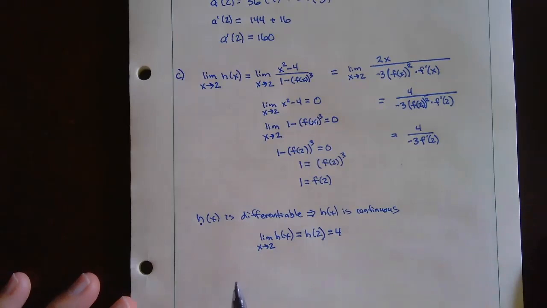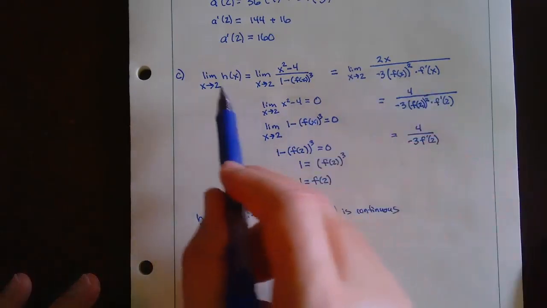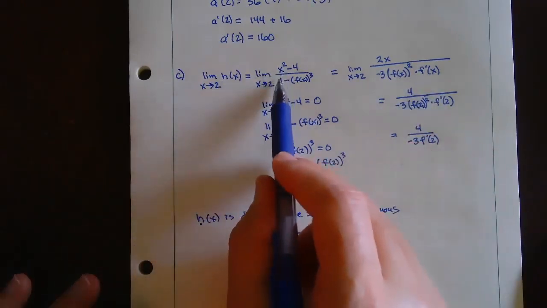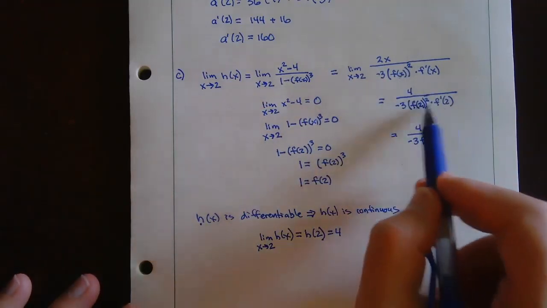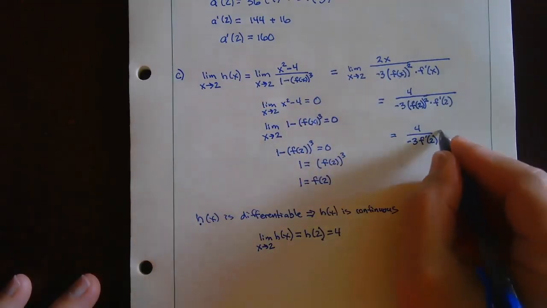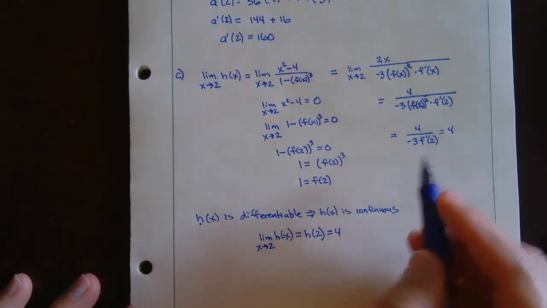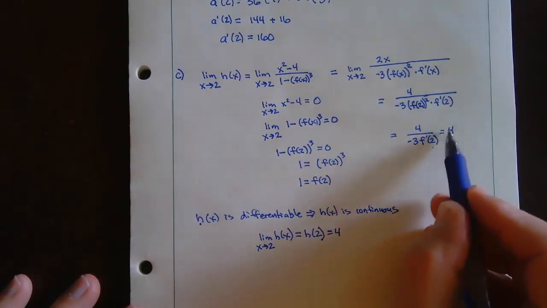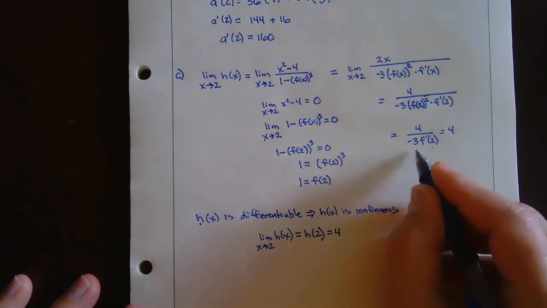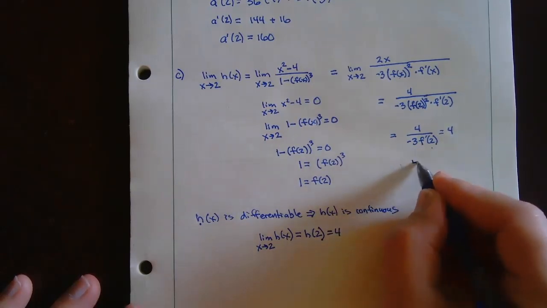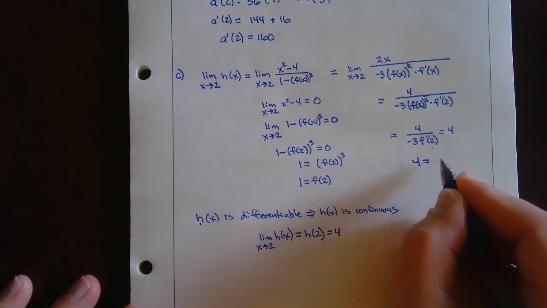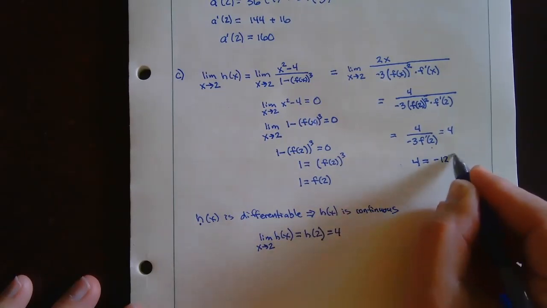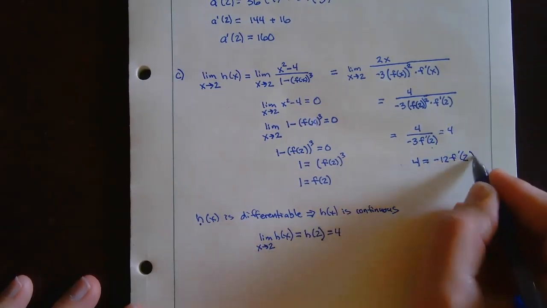Okay, so what the heck? That means that if you backtrack it, this is 4, which means this is 4, which means this is 4, which means this has to equal 4. So I have 4 over negative 3 f prime of 2 is equal to 4. I could multiply both sides by negative 3 f prime of 2, and I would have 4 is equal to negative 12 f prime of 2.